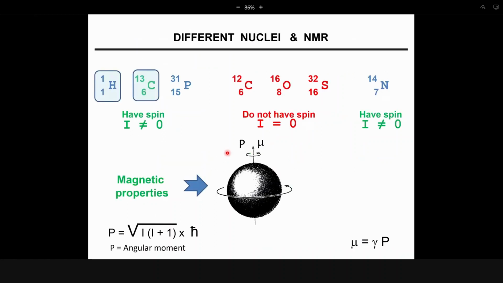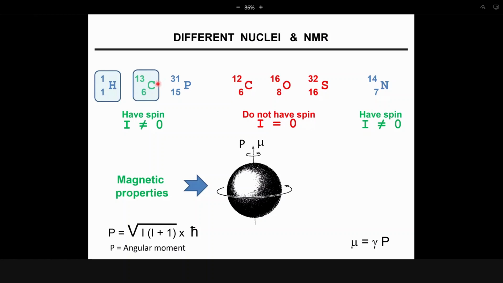So here is another slide to see again the different cases for the different atoms. The most frequently analyzed are proton and carbon-13 for organic chemistry, natural compounds.